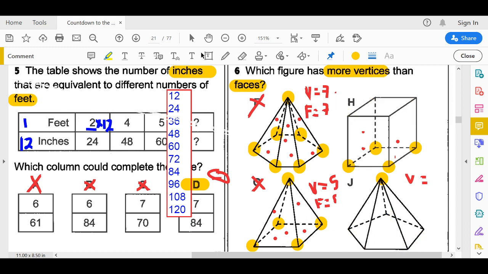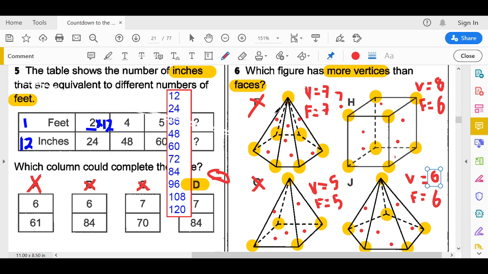That's 6 vertices right there. Let me write it here so I don't forget. And let's see how many faces. 1, 2, 3, 4, 5, and 1 base. So 1, 2, 3, 4, 5, and 6. It has the same number of vertices and faces.